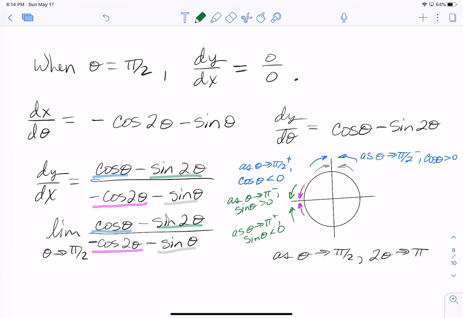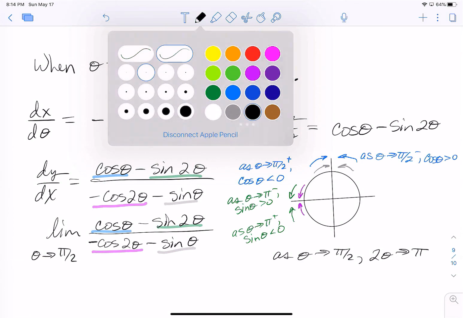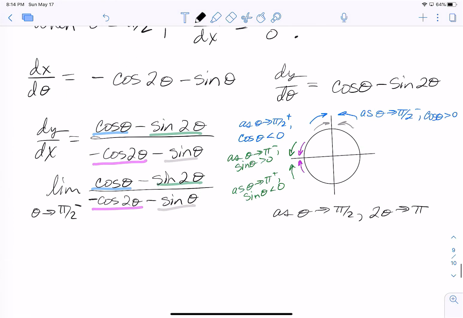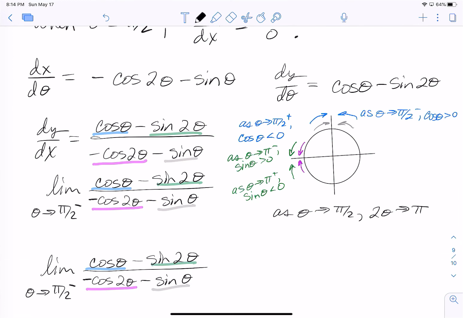Therefore, I haven't written enough down here for our limit. We need to consider the limit as theta approaches pi over 2 from the minus side, and separately the limit as theta approaches pi over 2 from the positive side.